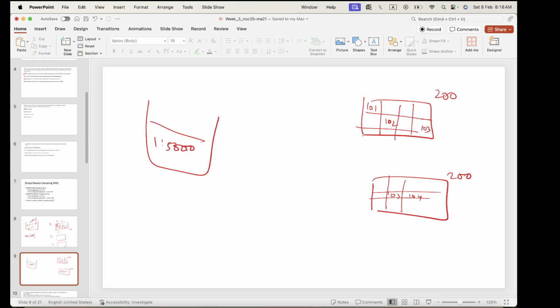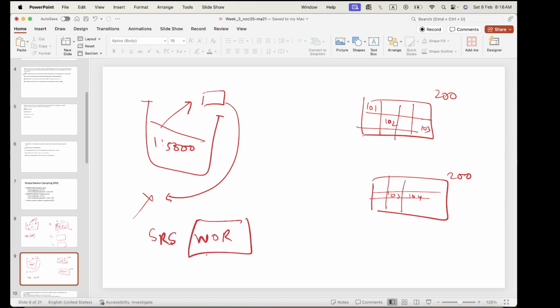Here what I'm doing is just calling out a particular number, and once it is called out, I am discarding that number and taking from the remaining. This sort of sampling scheme is actually simple random sampling without replacement. Understood.